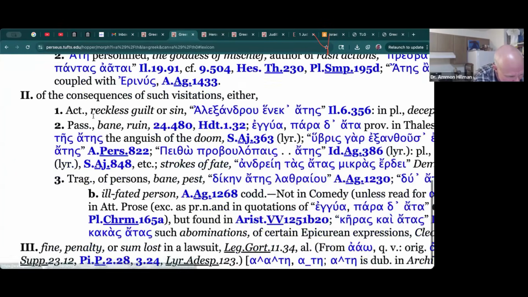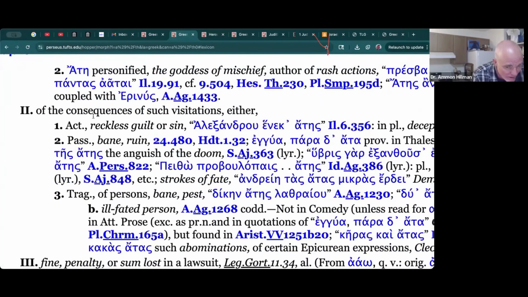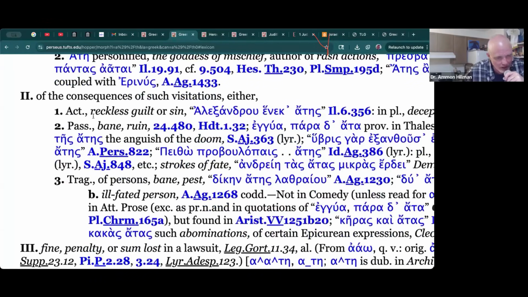Now, she isn't just that source of conflict, that mischief. She is also the consequence, right? She is the reckless guilt or sin. She's the bane, the ruin. So the ill fate of the individual. It's something that you're going to have to pay. Ate is going to collect.